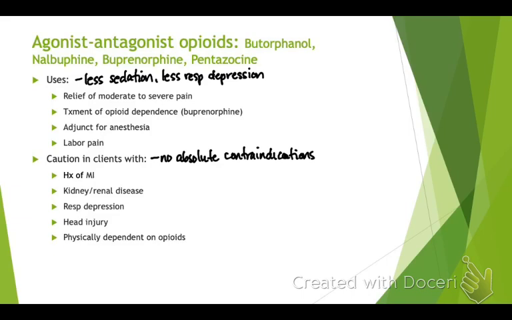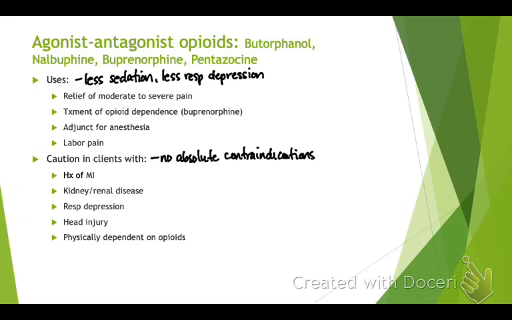In labor, we've really lost or discontinued a lot of our use of opioids during labor, because it's so difficult to control, and it's not really long acting enough for patients in labor, so we would have to give them frequent doses.